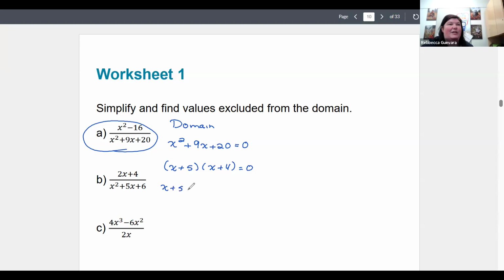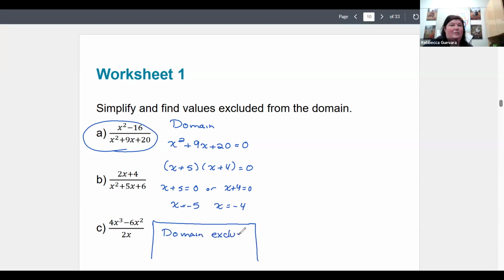So either x plus 5 equals 0 or x plus 4 equals 0. But in either case, the numbers that we have to exclude from the domain, the ones that will make the denominator 0, would be -5 and -4. So your domain excludes x equals -5 and -4.